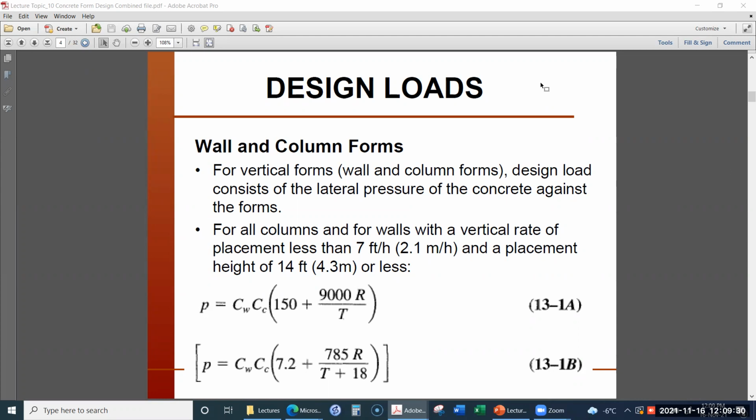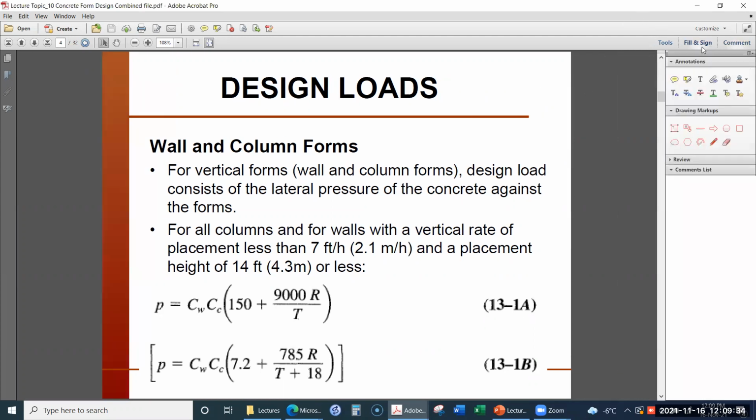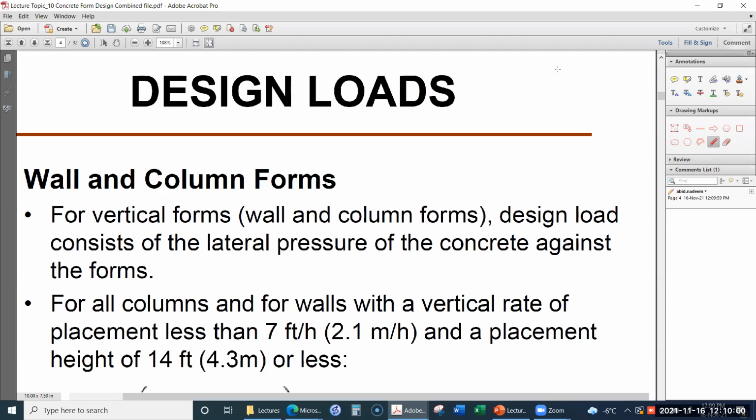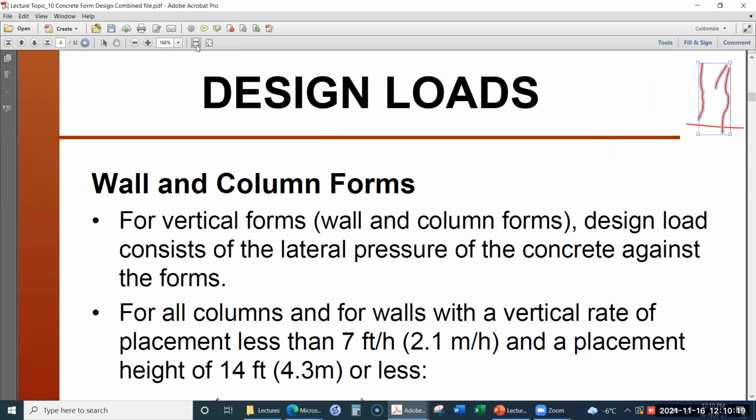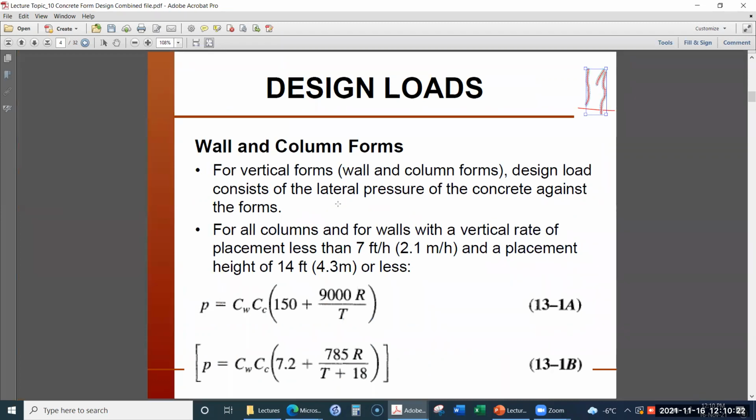I think it's not very convenient to draw it over here. So concrete can exert lateral pressure.